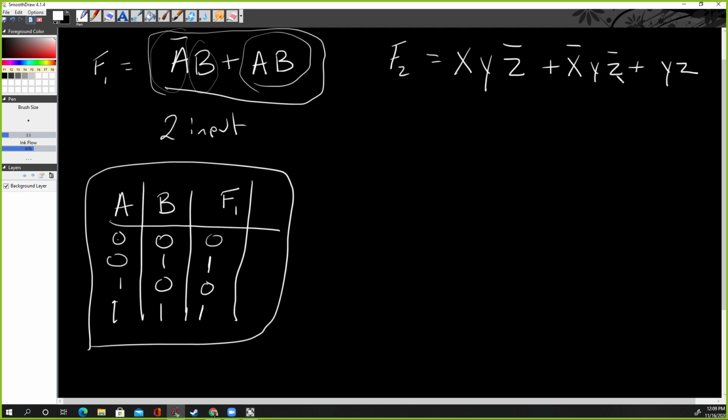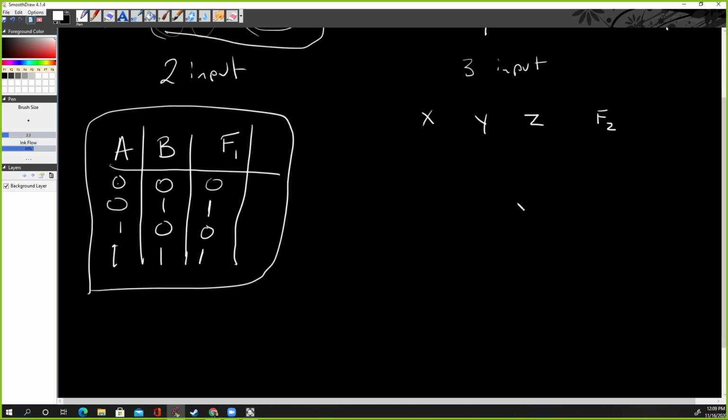So notice that there's 3 different ones, X, Y's, and Z's. That's all there is. There's 3 terms. So this is going to be a 3 input, which means it's going to be twice as long as this. So instead of 4 long, it's going to be 8 long. And we're going to have 3 terms, X, Y, Z, and don't forget about the output F2. And what does it look like here?